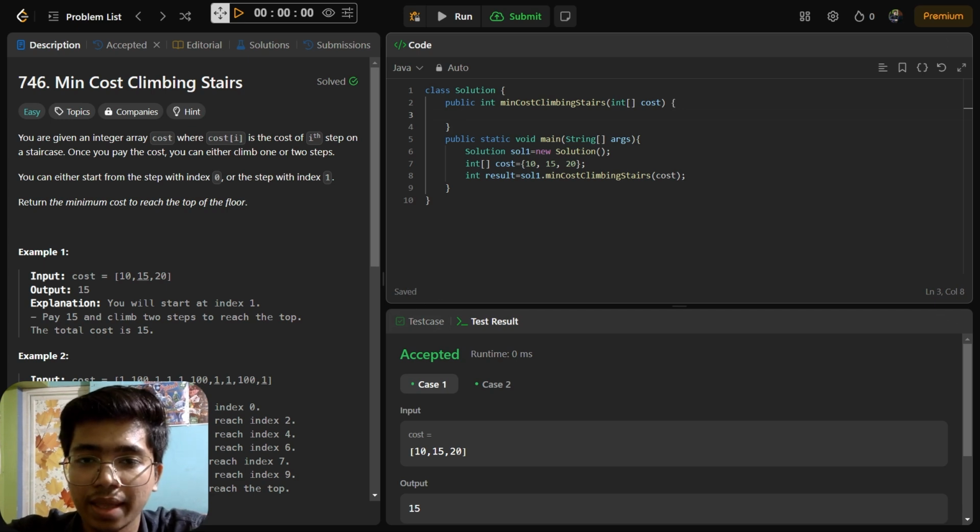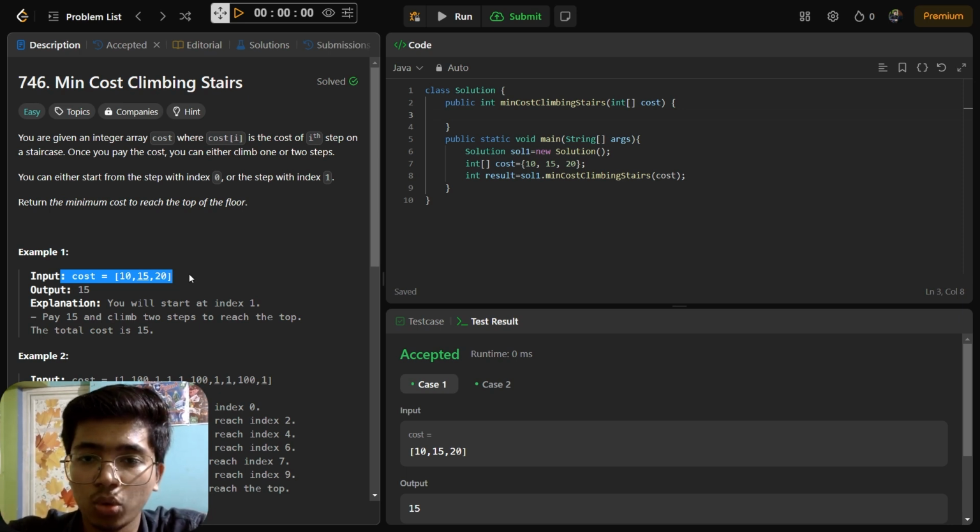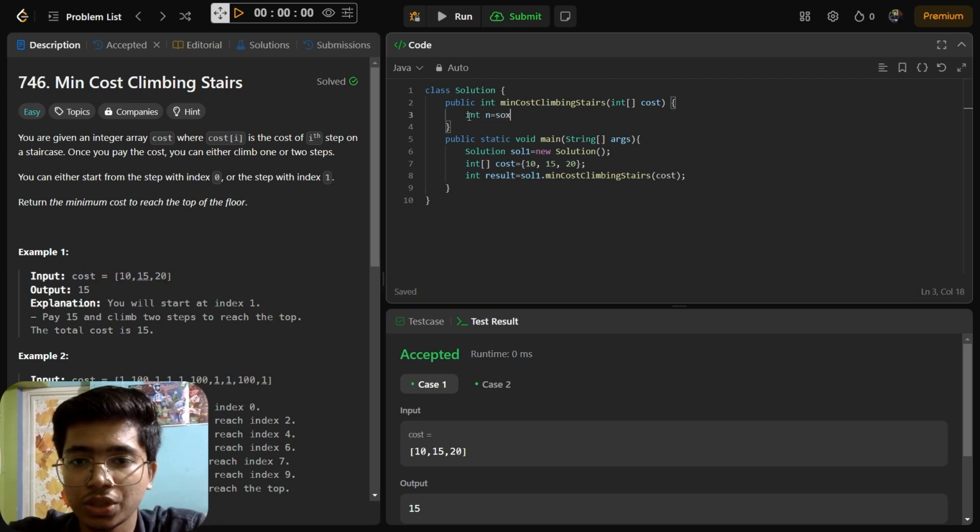First we'll be initializing, we'll be finding the number of stairs, and this number of stairs we can easily find from this cost array. The number of input values represents the length. So int n equals cost array dot length.